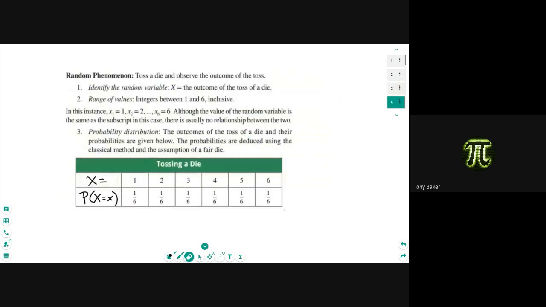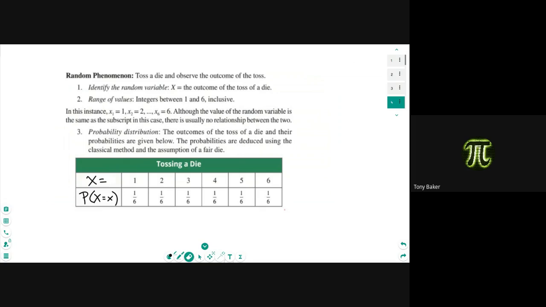All right, so let's look at a simple case. So tossing a die. First question is it discrete when we're rolling a die? Or is it continuous? Is rolling a die discrete or continuous? Continuous because the whole range of the die.